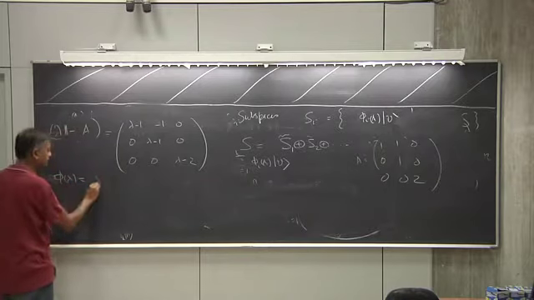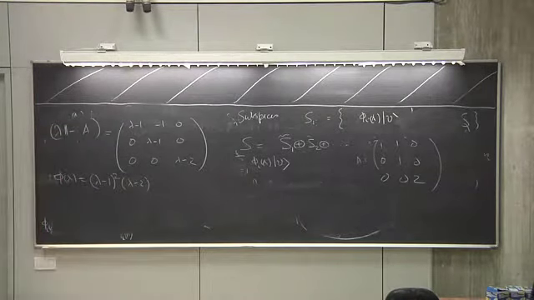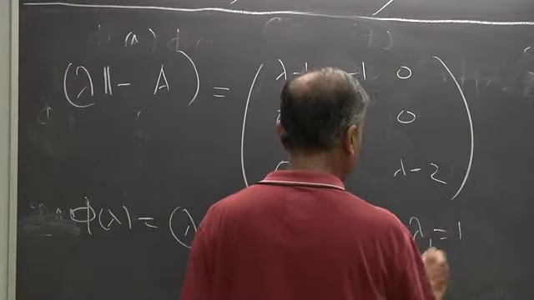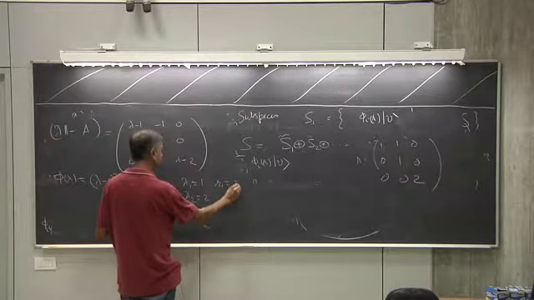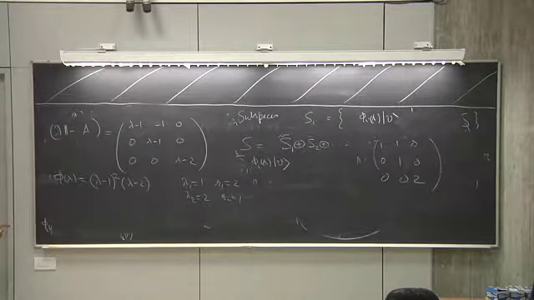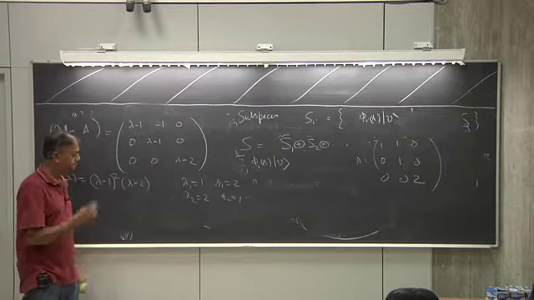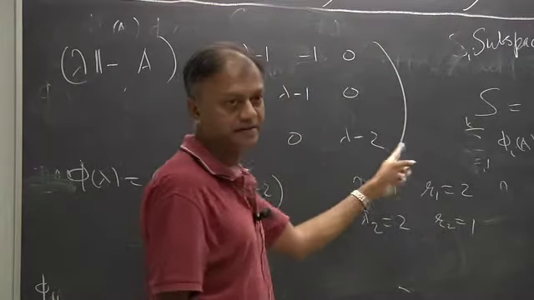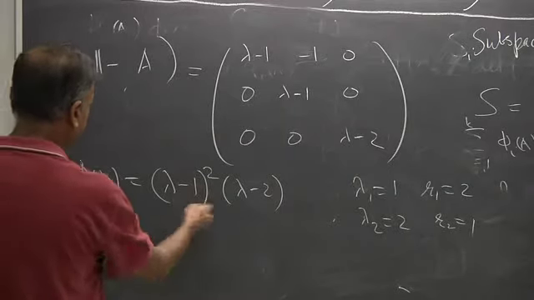So it's simply lambda minus 1 squared times lambda minus 2. So we have only 2 eigenvalues: lambda 1 is 1 and lambda 2 is 2, with r1 equal to 2 and r2 equal to 1. Those r1 and r2 are the powers here. Indeed, r1 plus r2 is 3, as it should be, because it's a 3 by 3 matrix.